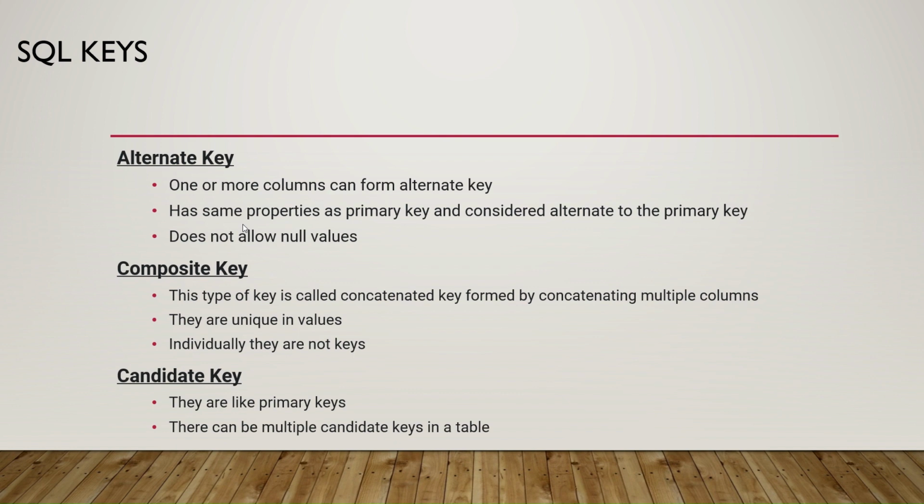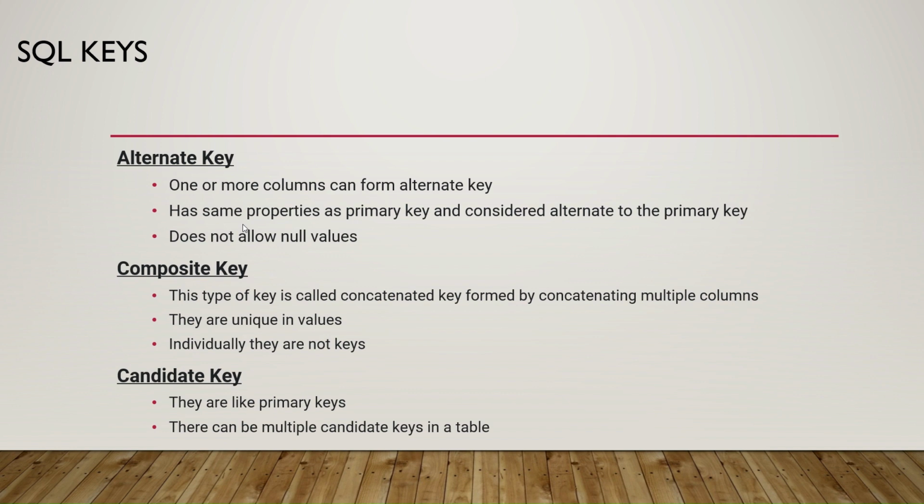Because of that property, the other keys, even though they have the attributes of a primary key, we call them alternate keys, and we use them only for our data retrievals. We don't specify them explicitly as primary or alternate keys.